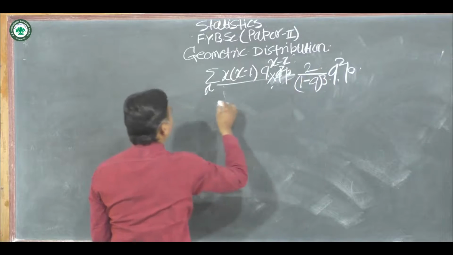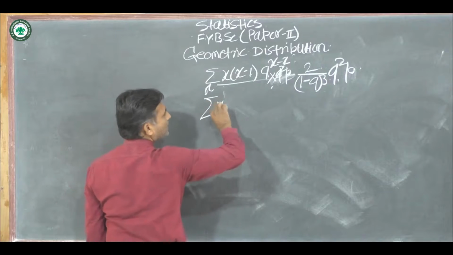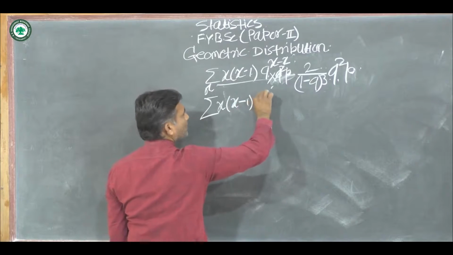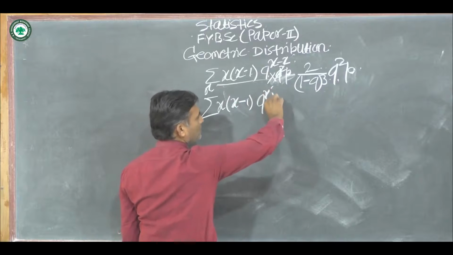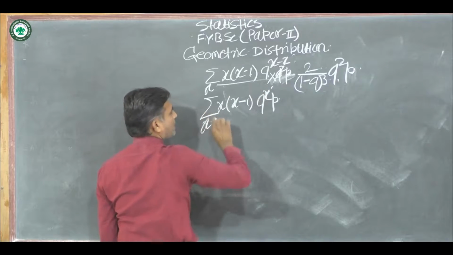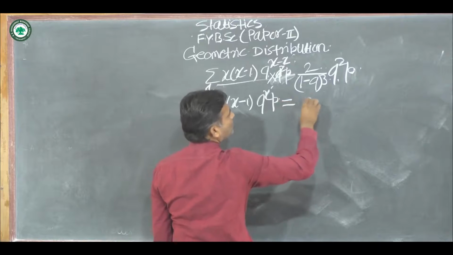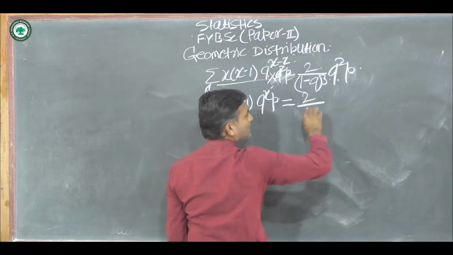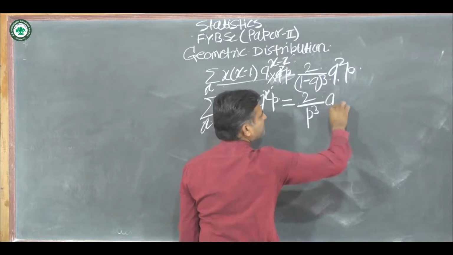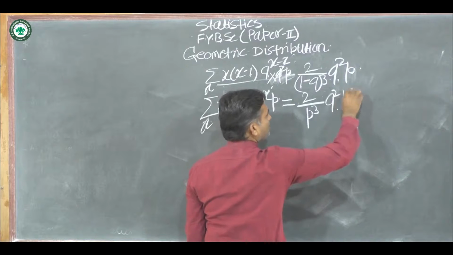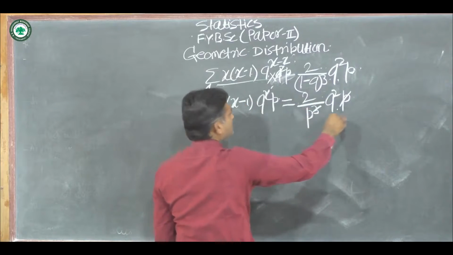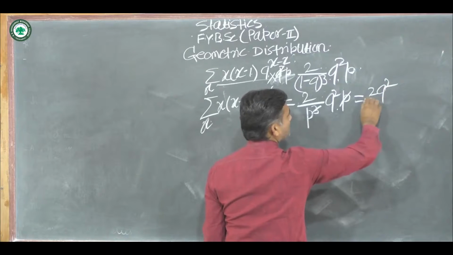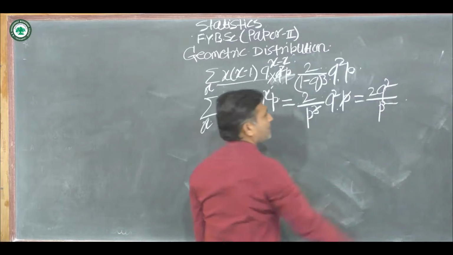Then we have summation of x into (x minus 1) into q raised to x into p, summation over x, which is equal to 2 upon (1 minus q), that is p cube, into q square into p. P gets cancelled, then we have 2 into q square upon p square.